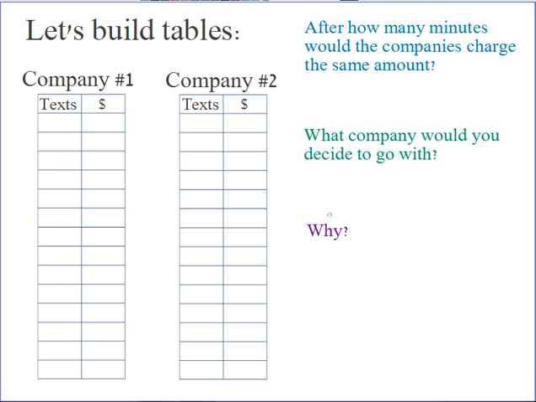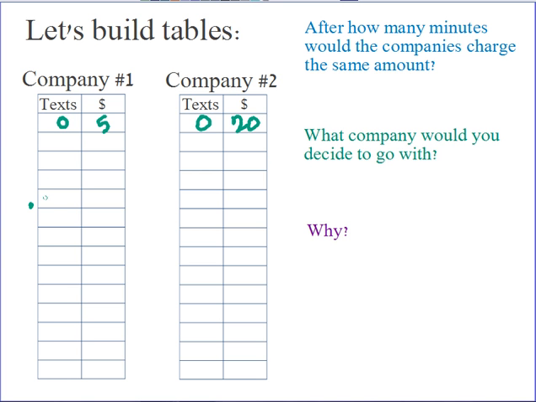Well, let's look at our tables. Company 1, if I send 0 text messages, they're still going to charge me $5. Company 2, if I send 0 text messages, they're going to charge me $20.